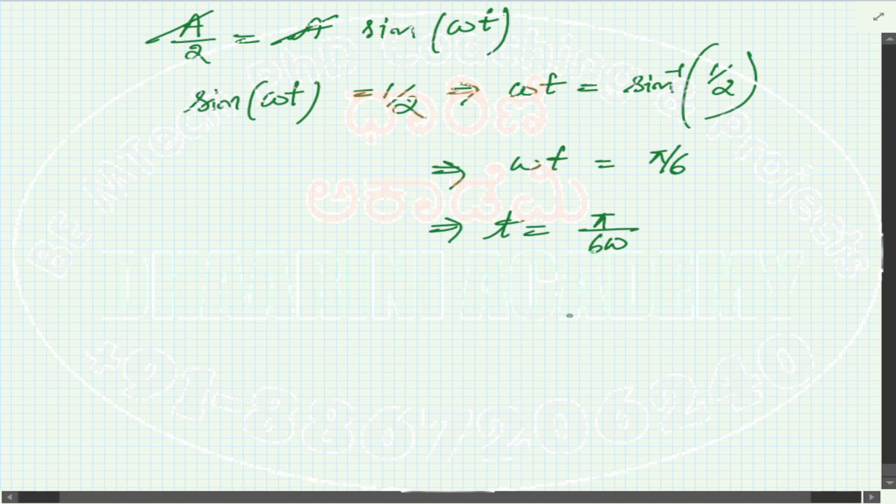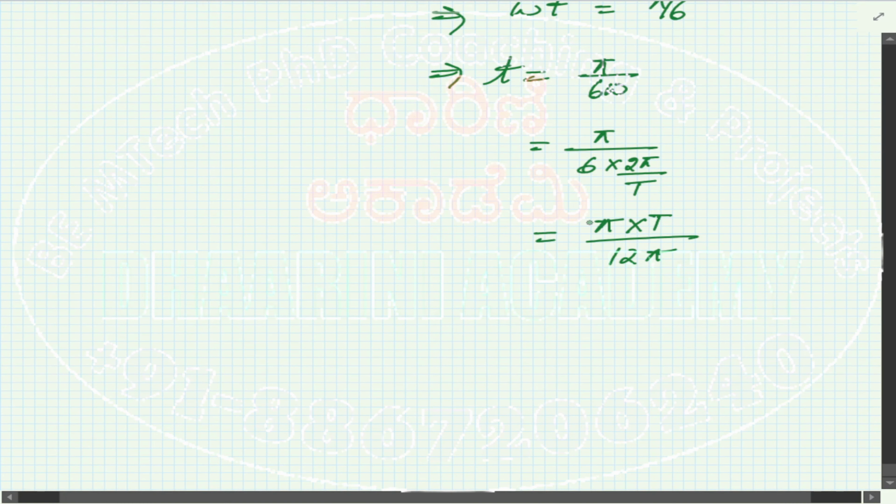Now I don't know omega, but I have been given the capital T value. So let's substitute that. That is pi divided by 6 into, this is 2 pi by capital T, right? So this is pi into capital T divided by 12 pi. The pi cancels.